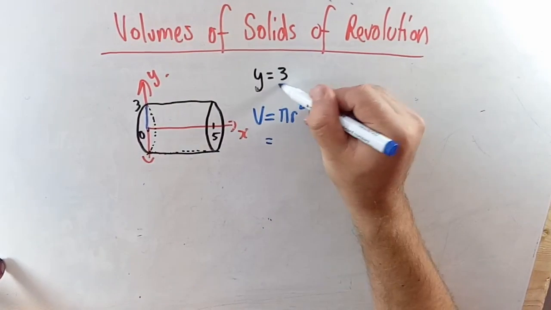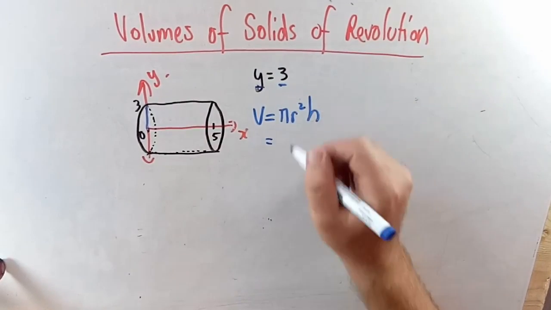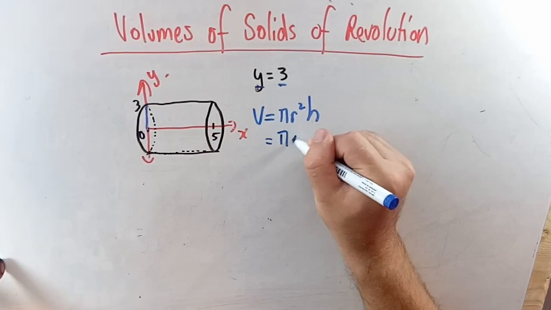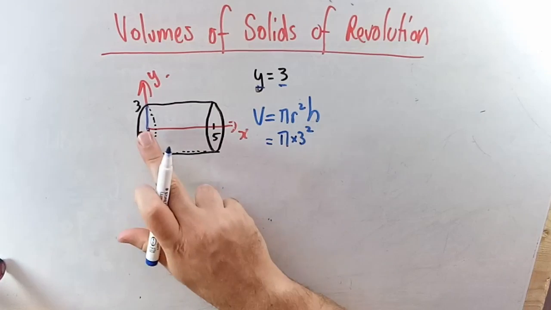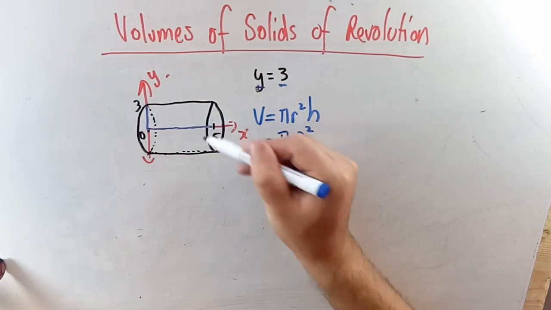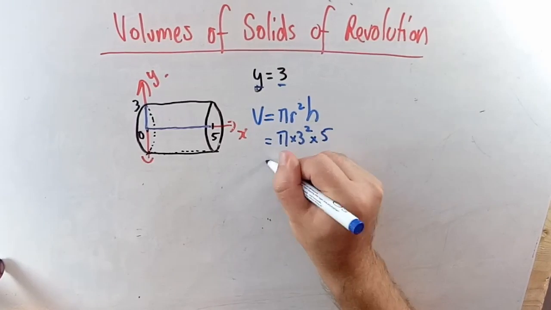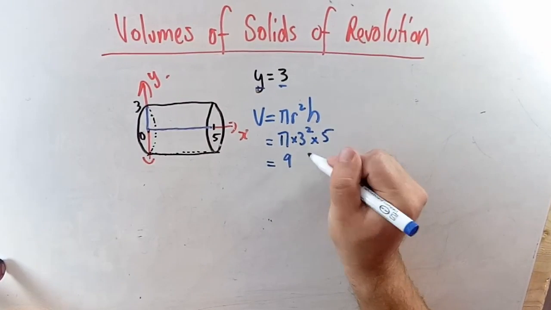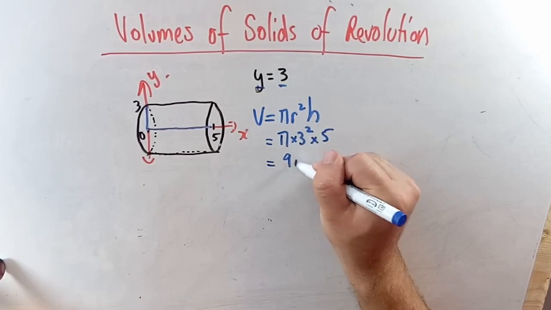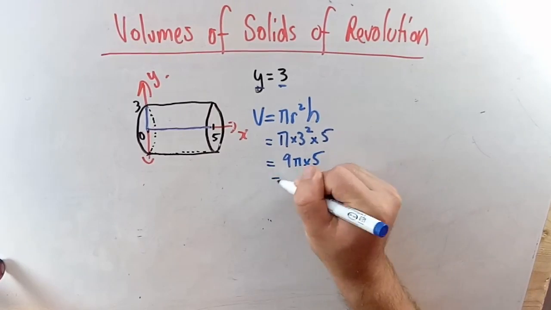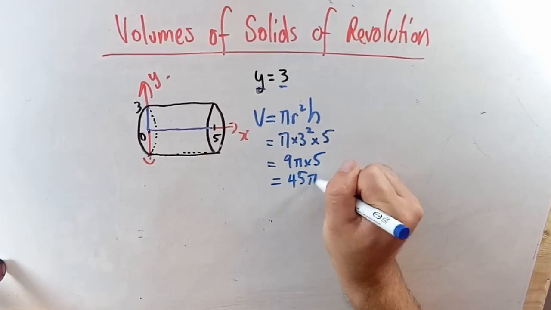Okay, so which is equal to this y. Now this is important for a minute, so let's just remember that. Times 3 squared. Now what's the height? The height is the difference between 5 and 0, so that's just 5. So now I've got 9 pi times 5, I've done that in a weird way, 45 pi, there we go.